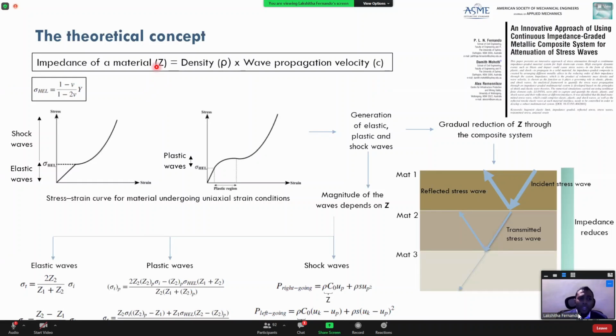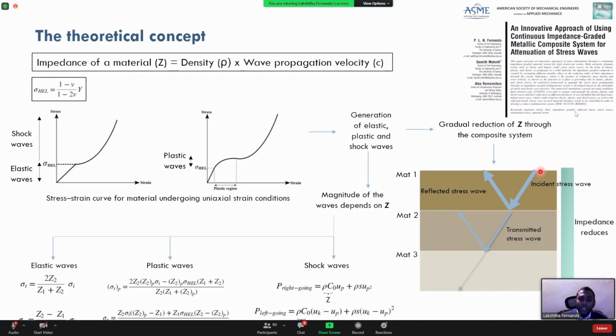Because of that, impedance becomes a suitable candidate to design a material system, because by changing either the density or the material type, you can change these properties. So what I proposed was, if we arrange the materials, as you can see in this figure, in the reducing order of impedance, with the material with the highest impedance facing the load, right?